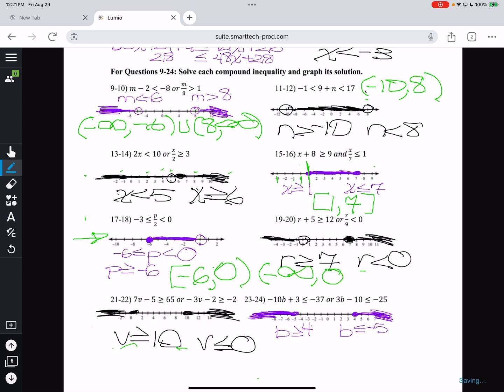Bracket or parenthesis? Parentheses. Yep. Then what's next? Bracket 7. Perfect. How do we end it? Positive infinity with a parenthesis. And what goes in the middle? U. That's it. Excellent job. Y'all work. Give me the interval notation for 23, 24.